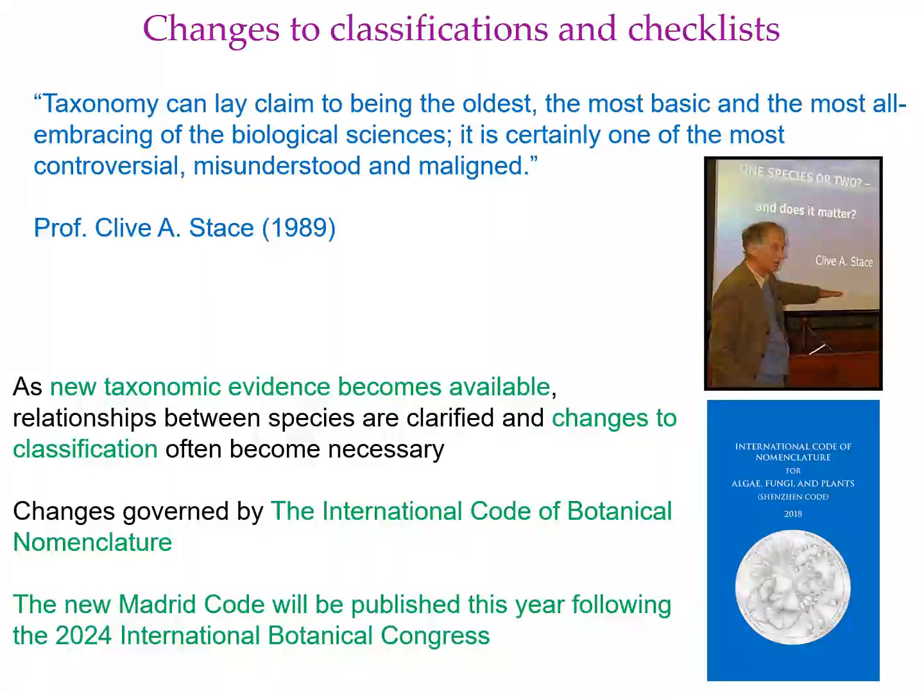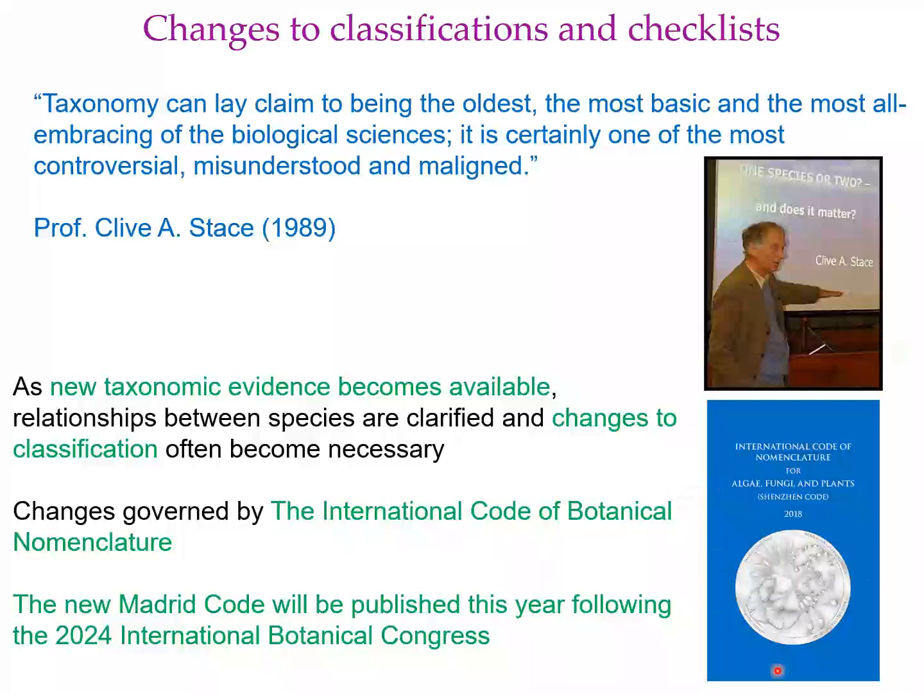So taxonomy has always been a very controversial and misunderstood subject, as was said by Clive Stace some years ago. So as new taxonomic evidence becomes available, relationships between species are clarified and changes need to be made. And we don't make these changes just offhand. There's a very specific rule book, the International Code of Botanical Nomenclature, that we use to classify this.